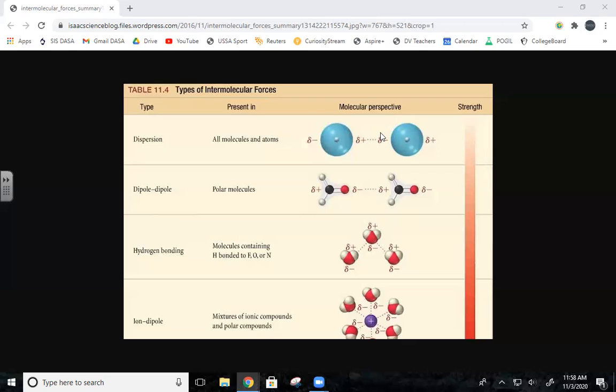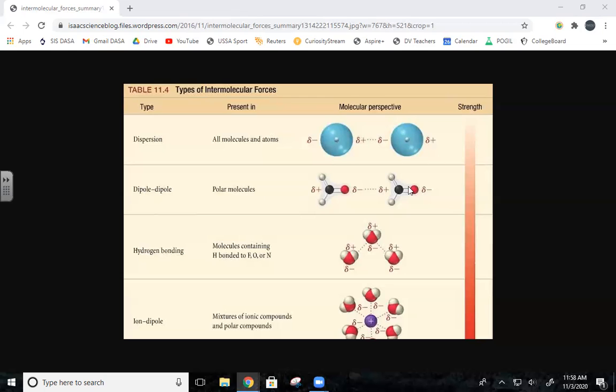So this isn't going to become an O4 molecule. It's going to be two molecules, with slight forces in between them. This isn't bonding together. It is just a slight interaction. Okay?